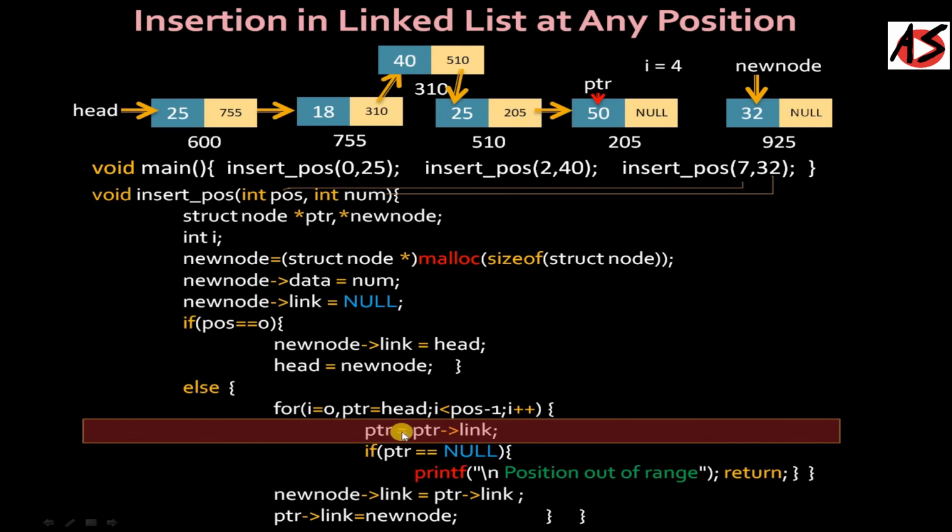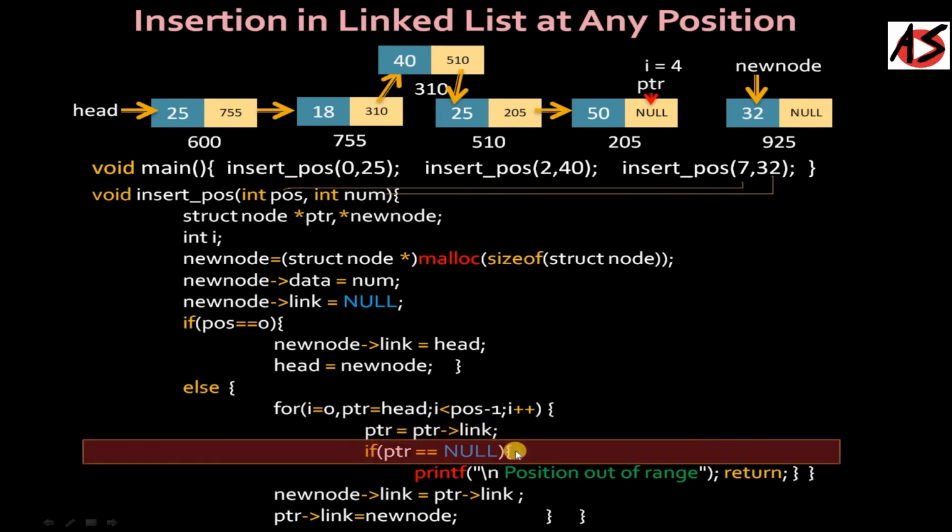Condition true. So again we will see pointer is equal to pointer link. Now the pointer link part is null, so now our pointer is pointing to null. Now we'll check the condition: if pointer equal to null, this condition becomes true.